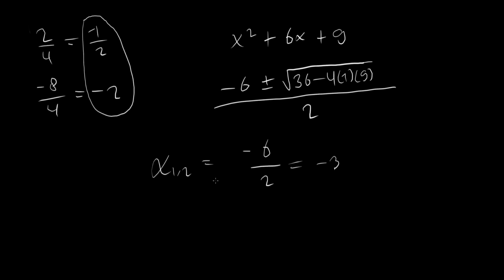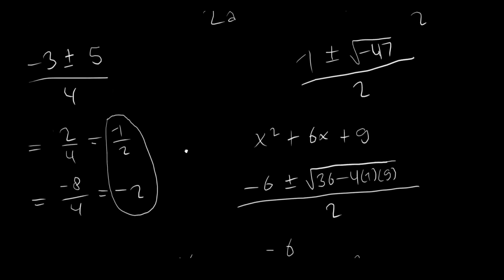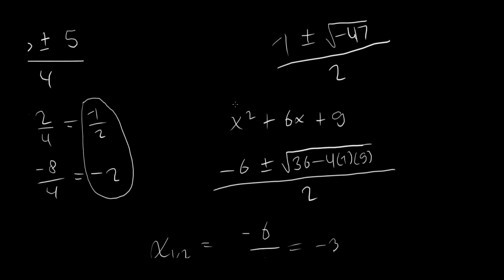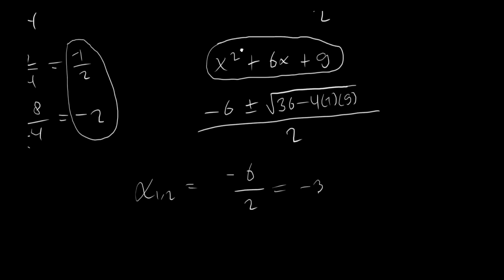We can just say that x is equal to negative 3. And this is called a repeated root. So this quadratic equation has a repeated root, and that root is negative 3.